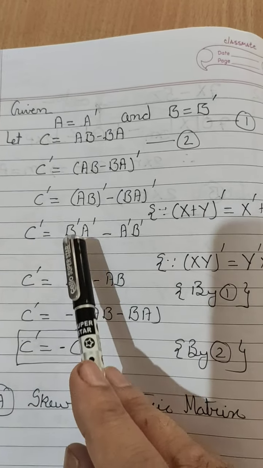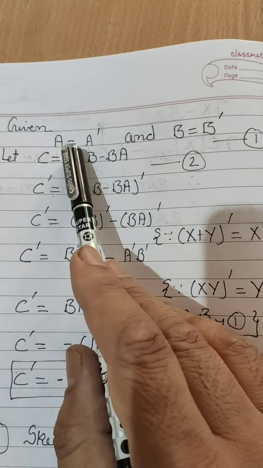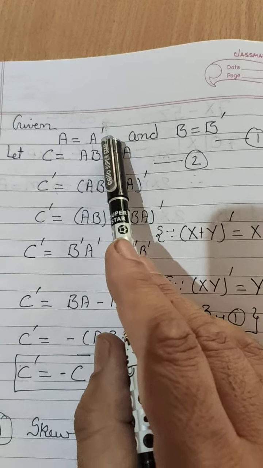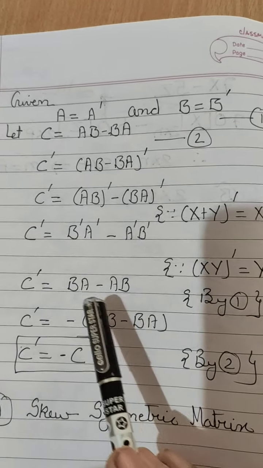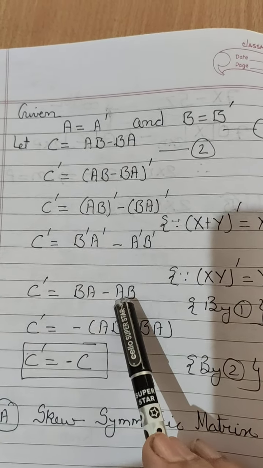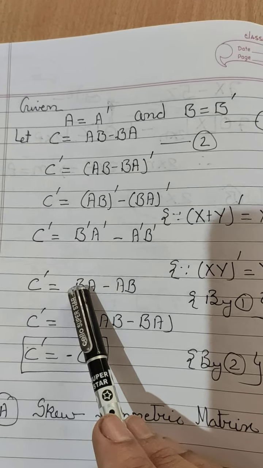So the next property we are applying, we will get B dash A dash minus A dash B dash. Now what we are knowing, B dash A dash, as we have applied this property by equation first. A and B are which type of matrix? Symmetric matrix. That is A is equal to A dash. So by first we have substituted the value. B dash is equal to B, A dash is equal to A. From this minus sign we have taken common.